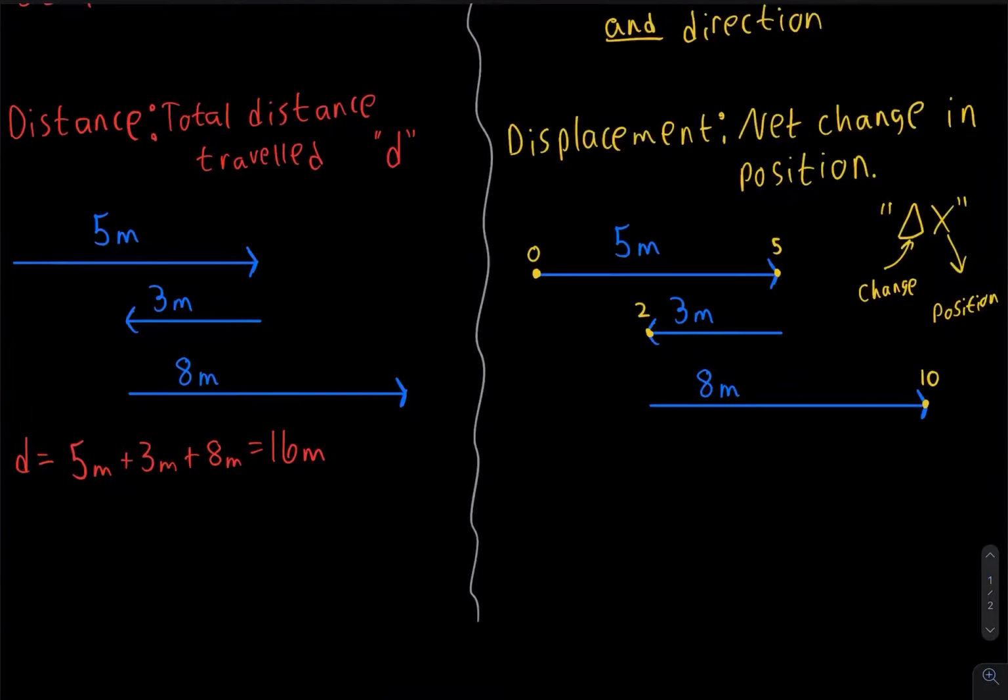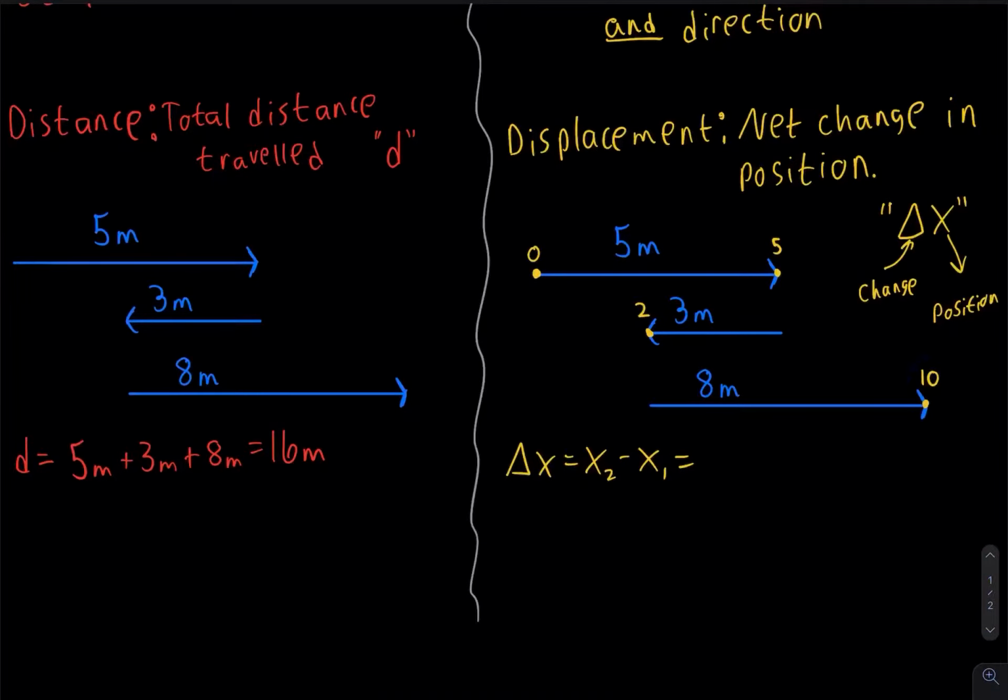Okay, so what's my displacement? What's my delta x? You'll often see delta x written like this: if it's the change in position, then it's going to be my second position minus my first position. So just where did I end and where did I start? Well, in this case, my second position was over here.